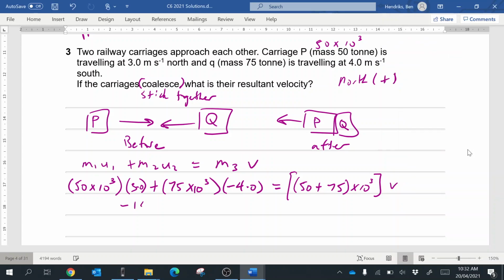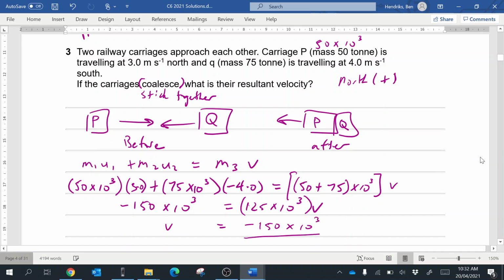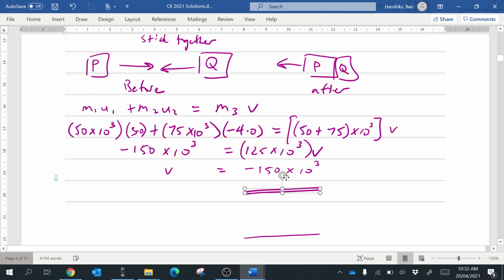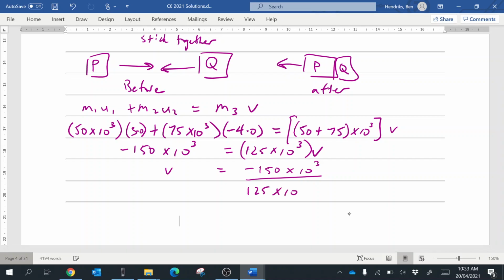So minus 150 times 10 to the 3 for our tonnes, and that's equal to 125 times 10 to the 3 V. So V is equal to, we divide both sides by 125 times 10 to the 3, so we have negative 150 times 10 to the 3 over 125 times 10 to the 3.